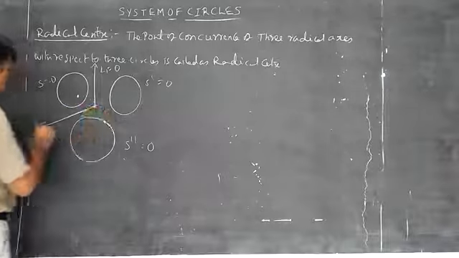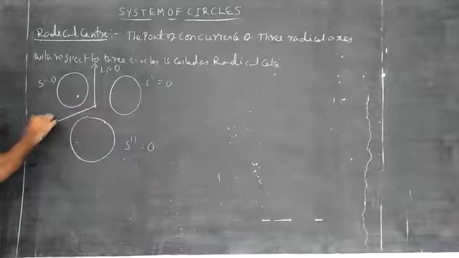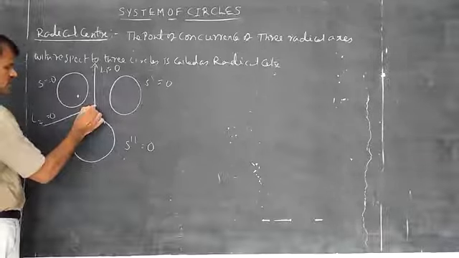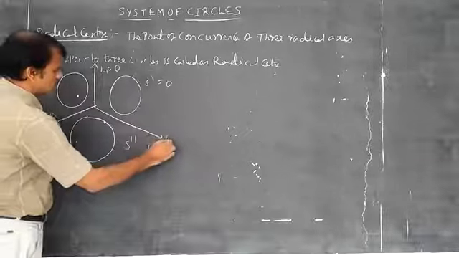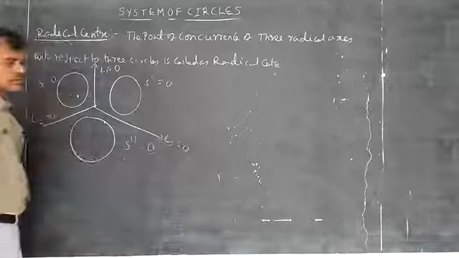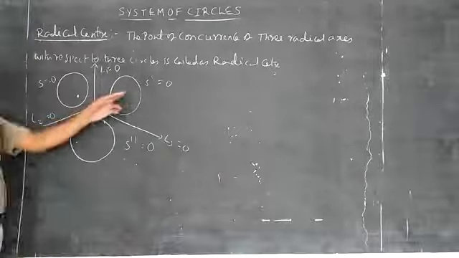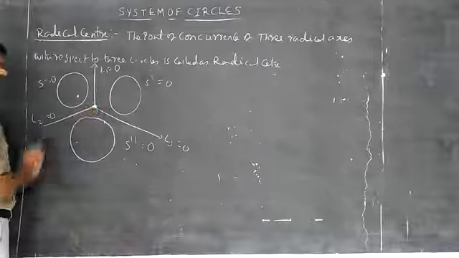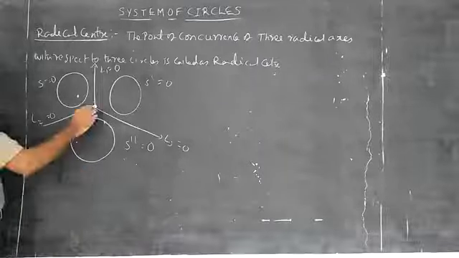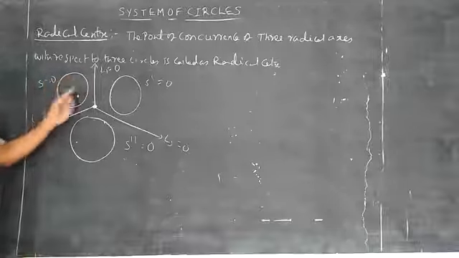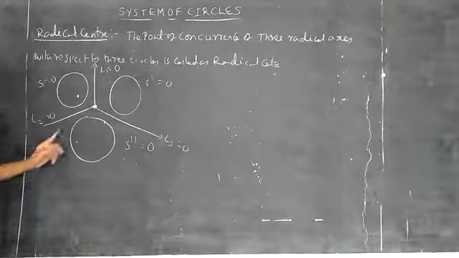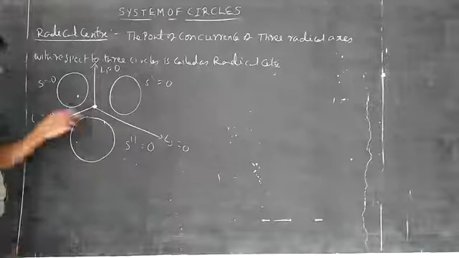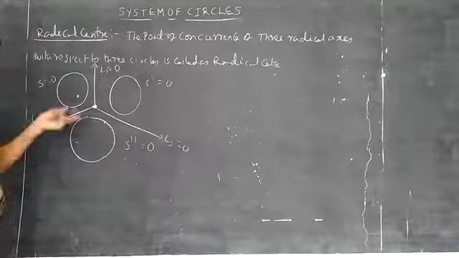This is the line L2 equal to 0, which is the radical axis of S dash equal to 0 and S double dash equal to 0. This is the line L3 equal to 0, which is the radical axis of S dash equal to 0 and S double dash equal to 0. This is the radical center. The point of concurrence of three radical axes with respect to three circles is called the radical center. The definition is also important for 2 marks.